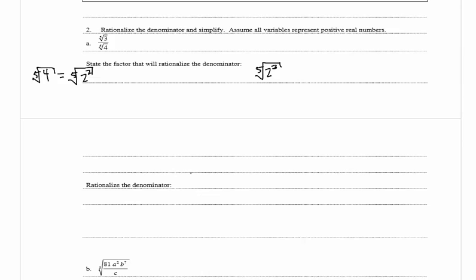So if we have the fifth root of 3 divided by the fifth root of 4 times the fifth root of 2 cubed, which we could write as the fifth root of 8, divided by the fifth root of 2 cubed, is equal to the fifth root of 24 divided by, now we said that the fifth root of 4 could be written as the fifth root of 2 squared.